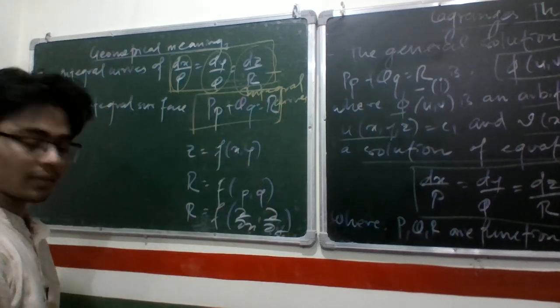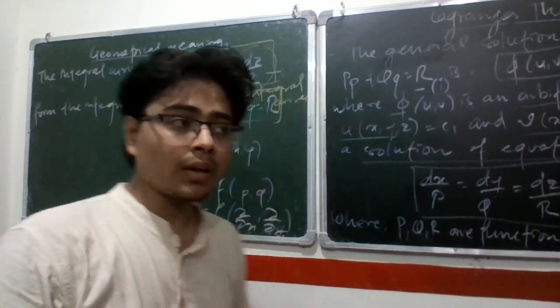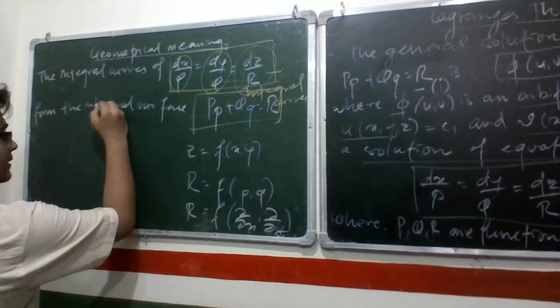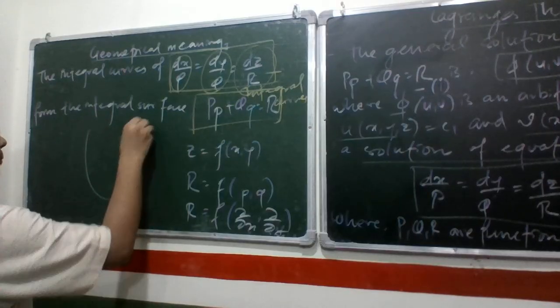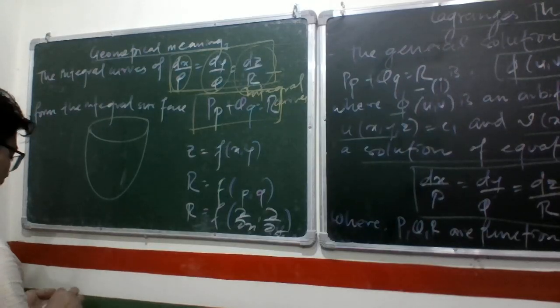Now, if you want to imagine it visually, it can be considered like this. Let's suppose we want to form a surface, a paraboloid, which looks like this.